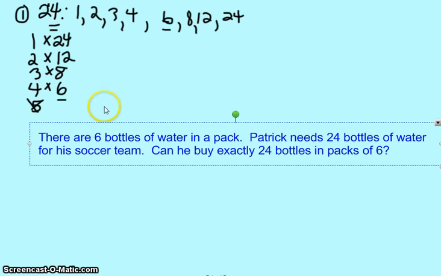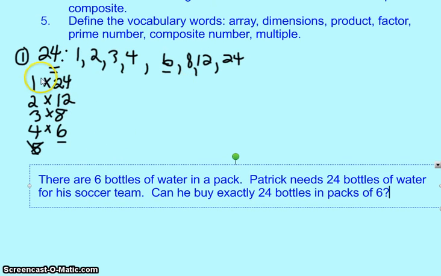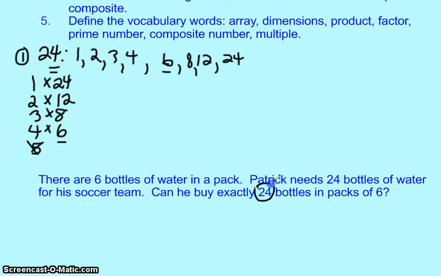Well, if we look back at the problem that we just did, finding the factors of 24, he needs 24 bottles, so that's the number in question. And there are 6 bottles in a pack, so we're trying to see if we can divide 24 by 6 evenly.